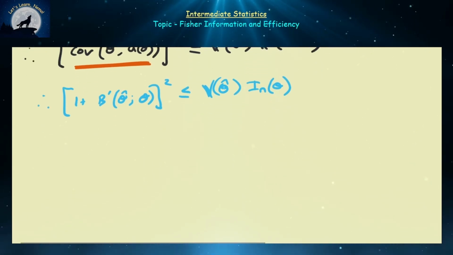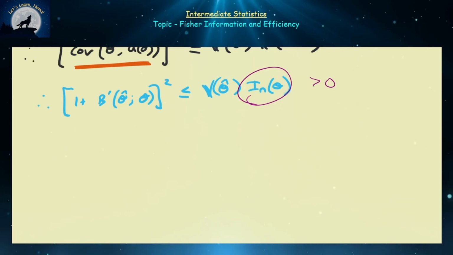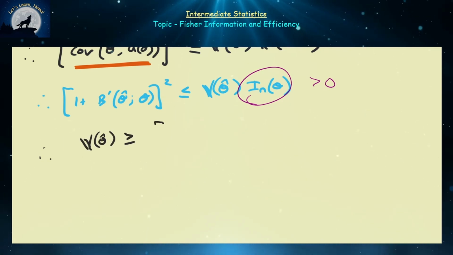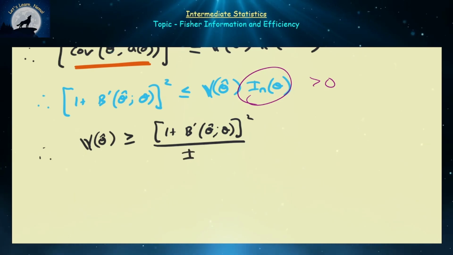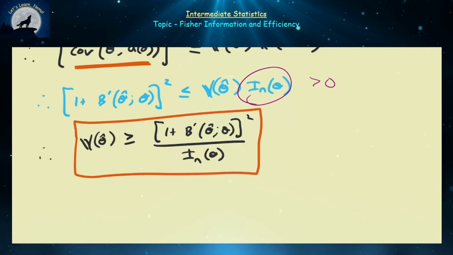Provided that I_n theta is always a positive number, so let's assume that this is always positive, I can divide both sides by it, and then I have that the variance of theta hat will always be greater than or equal to (1 plus b prime of theta hat for theta) squared, all divided by I_n theta. And this is the very important Cramér-Rao inequality.